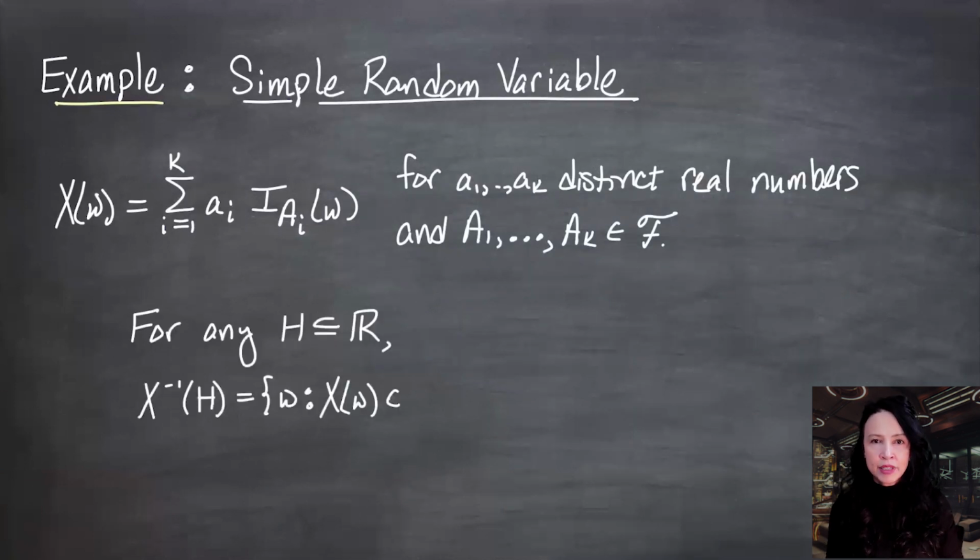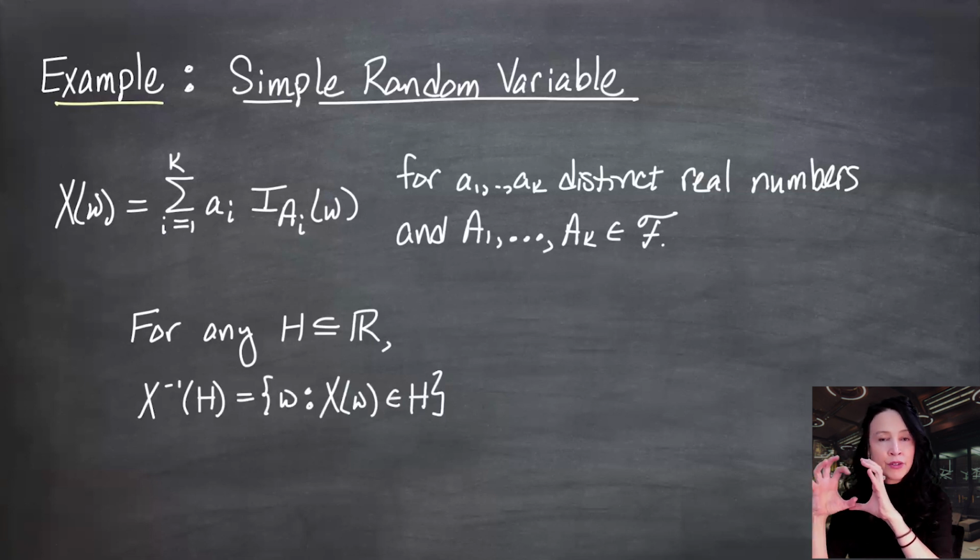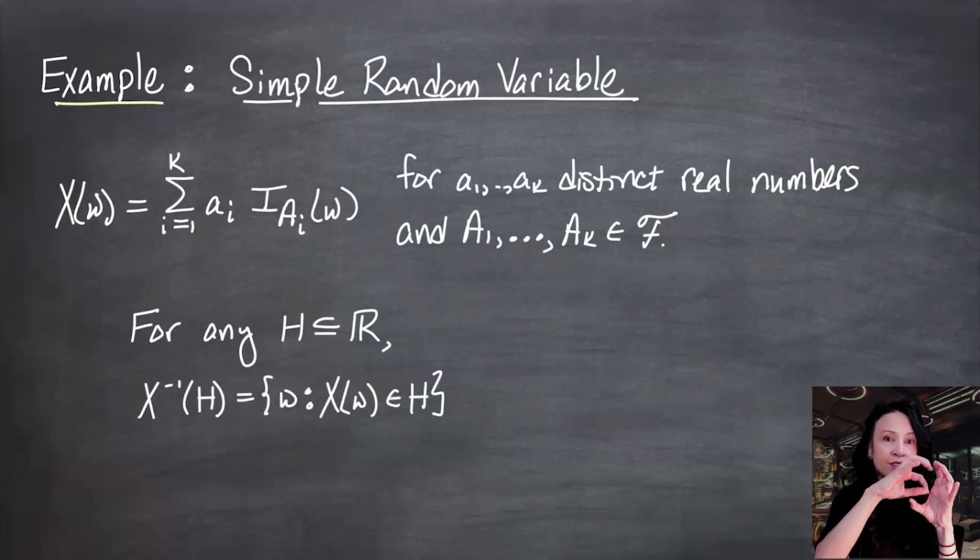So if I take a subset H of R and look at the inverse image of H under this mapping X, you'll recall that 4-point example with the picture. If my subset H of R captures exactly 1 point, it's going to map back to that corresponding set. Like little AI is going to go back to big AI. But if it captures 2 of them, little AI and little AJ, it's going to map back to the union of capital AI and capital AJ, and so on.